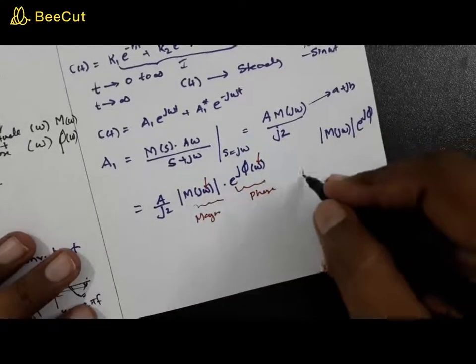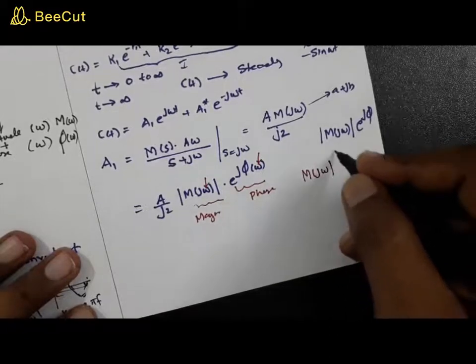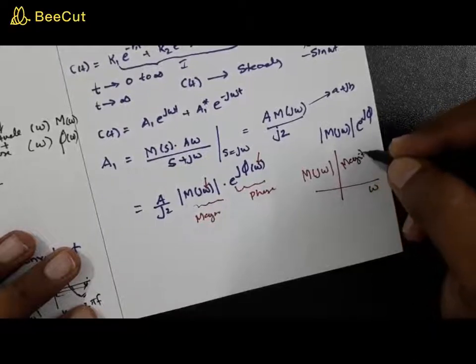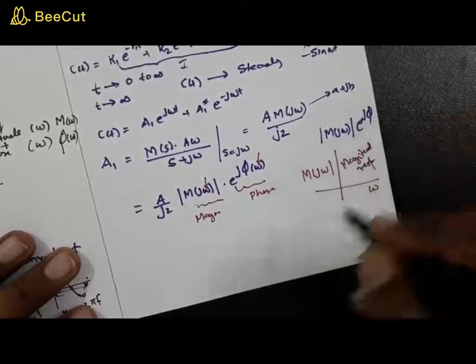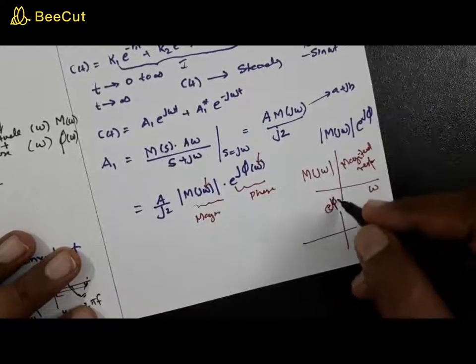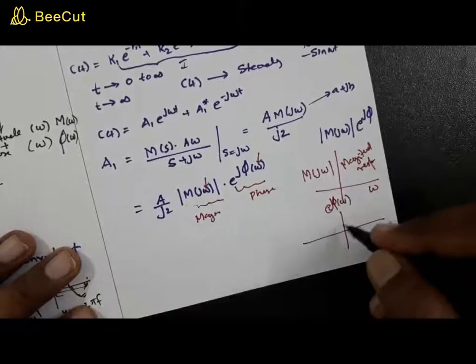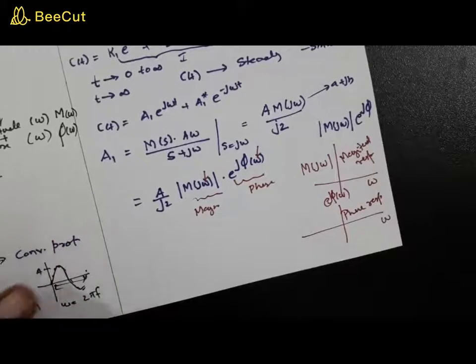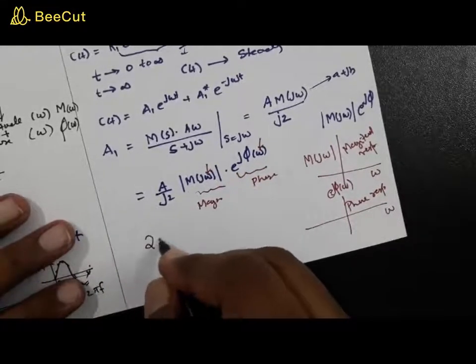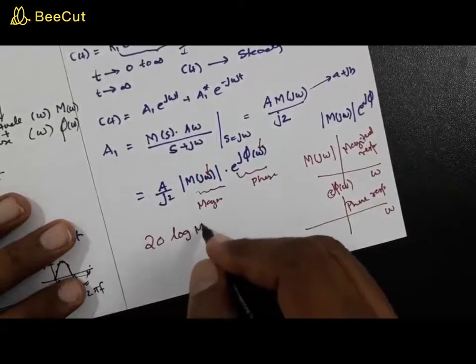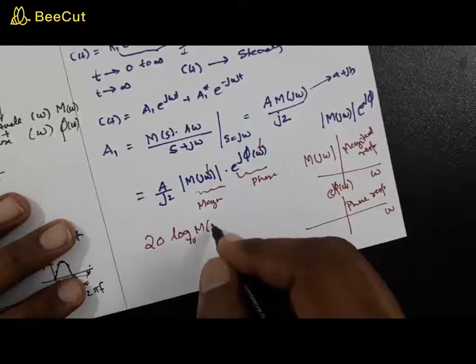So you can have a plot of M of j omega versus omega. This we call the magnitude response. Similarly, you can have a plot of e raised to j phi of omega versus omega. You will call this the phase response of the system. Usually the magnitude response is expressed in decibels as 20 logarithm to the base 10 of M of omega.